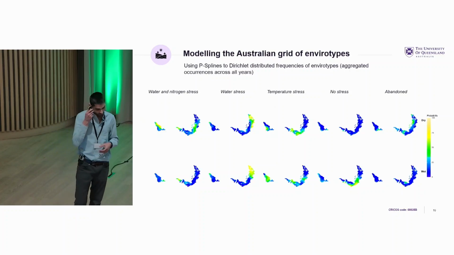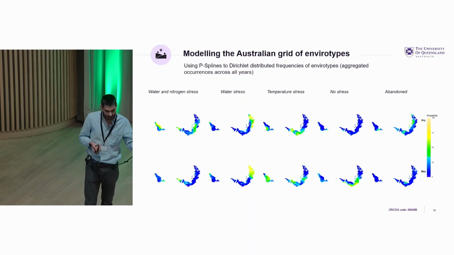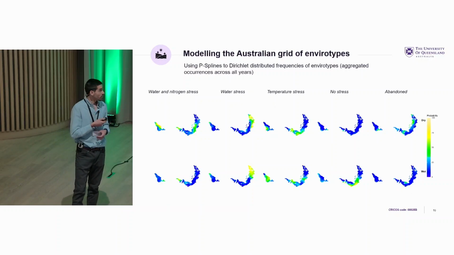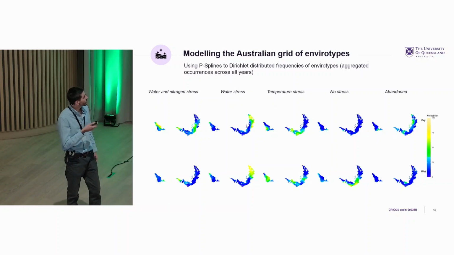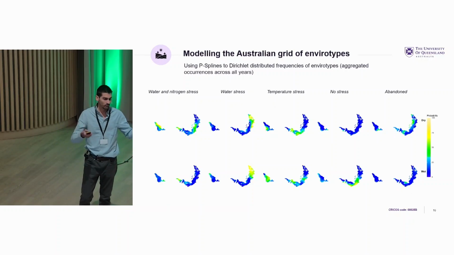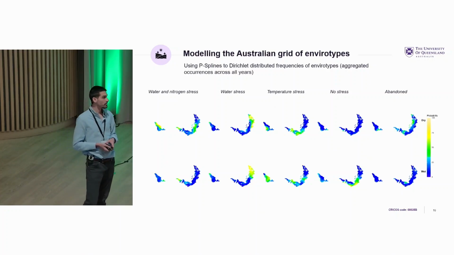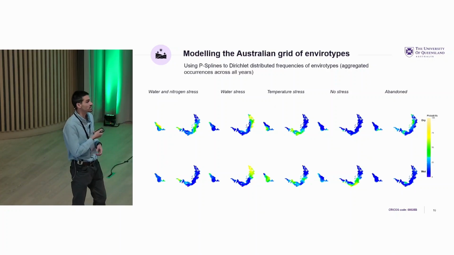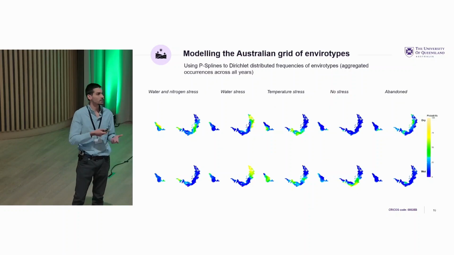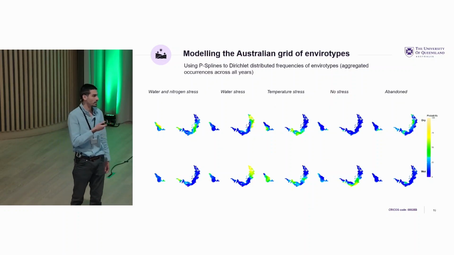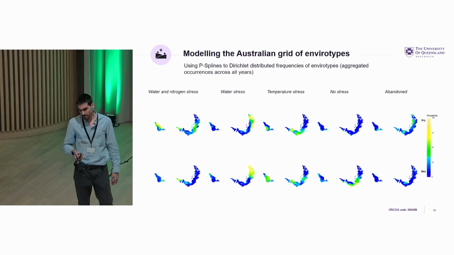And this is an example that we performed not on simulated data. The idea is to do it on simulated data, but we used real data in this case, where we are modeling, using a P-spline model, the spatial distribution of the probability of occurrence of these 4 envirotypes plus an additional one for abandoned trials.